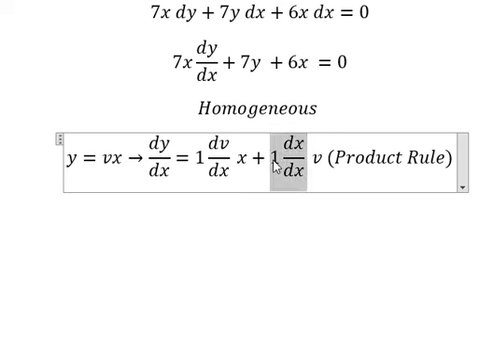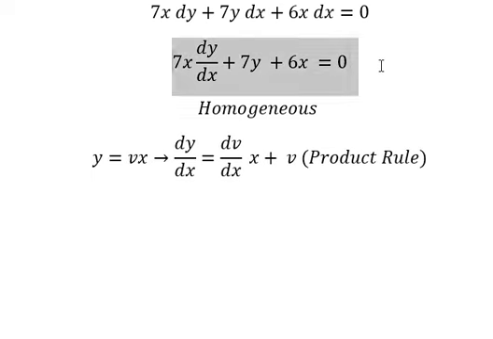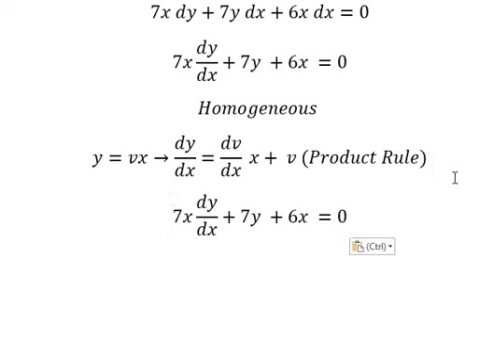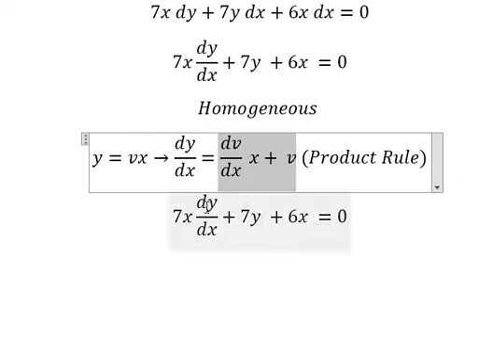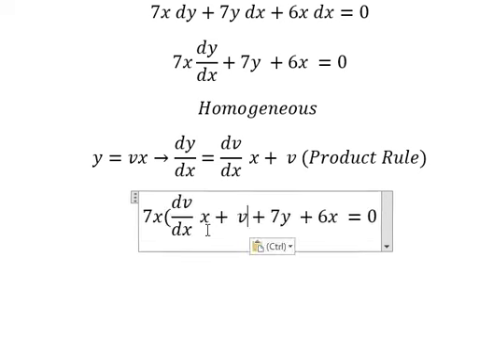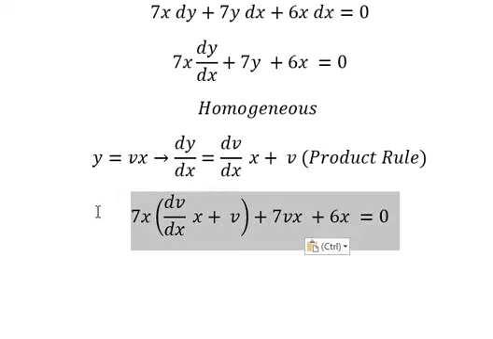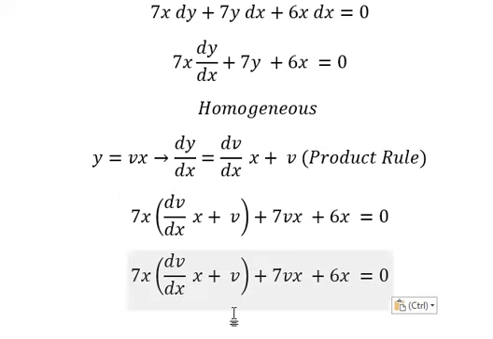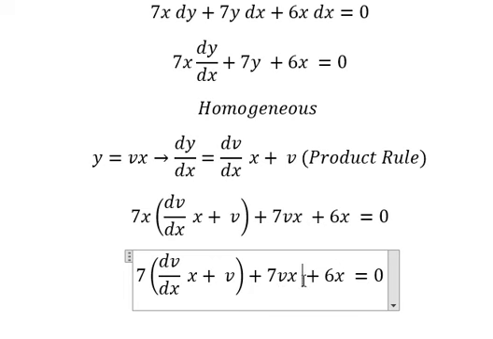So this one we have number 1. So this one is about this one. y we change for vx. Later we simplify x for both sides.